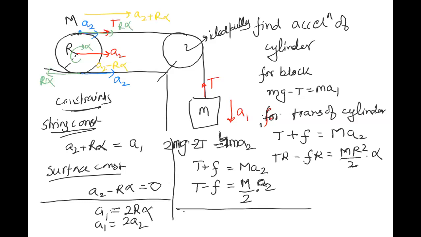Add them all up. 2T here, F here. So I'll get 2mg is equal to a2 common, take 4m plus m plus m.